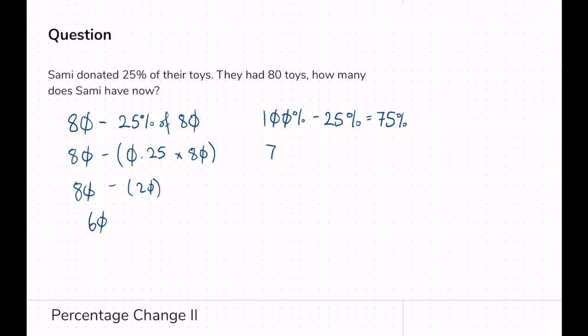Well, what's 75% of 80? Well, that's equal to 0.75 times 80, which is equal to 60. So here are two different ways of finding percentage decreases.